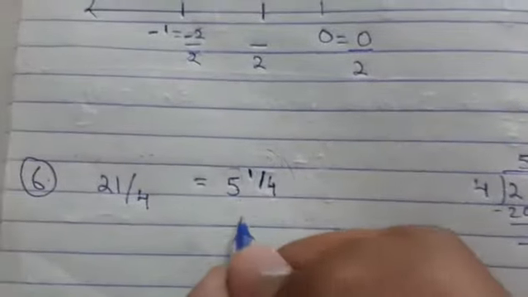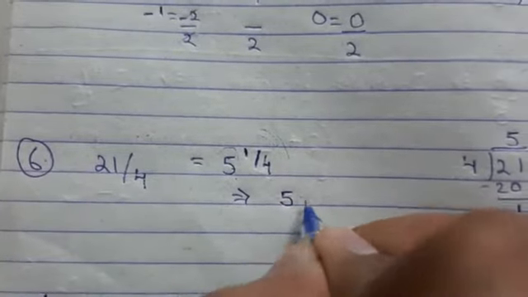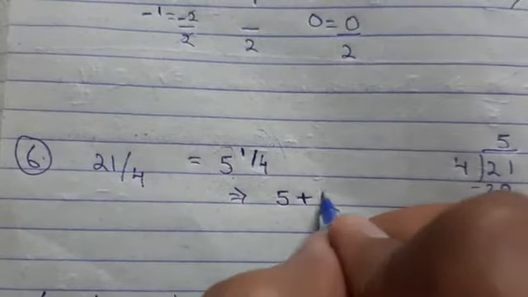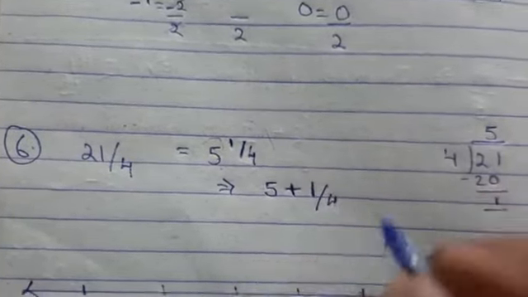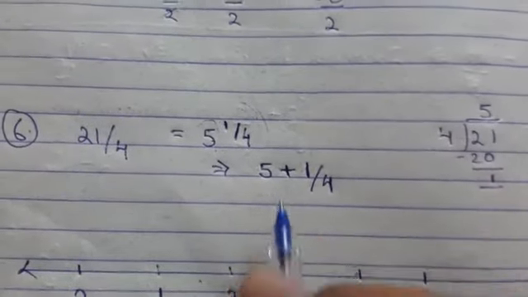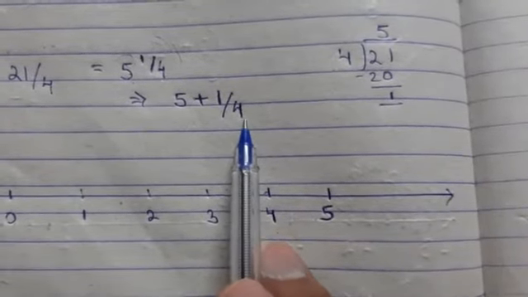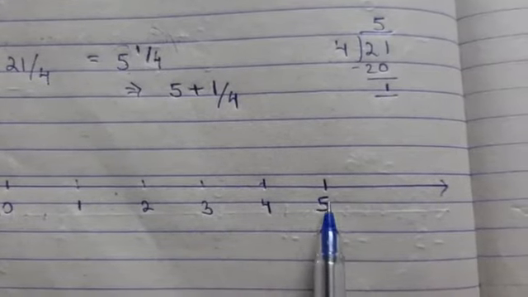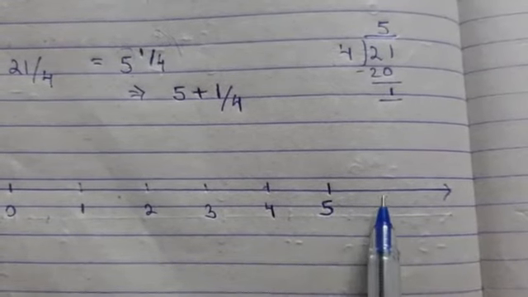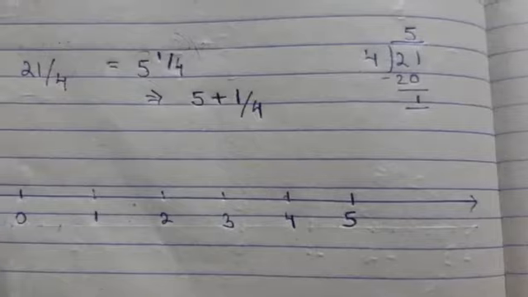One thing more, we need to write it like this: 5 plus 1 upon 4. And why are we writing it like this? Because 5 represents the integer part and 1 by 4 represents the fractional part. Now, based on the value of the denominator, what is the value of the denominator given? 4. That means you will divide it into 4 equal parts, but after 5 and not after 0.